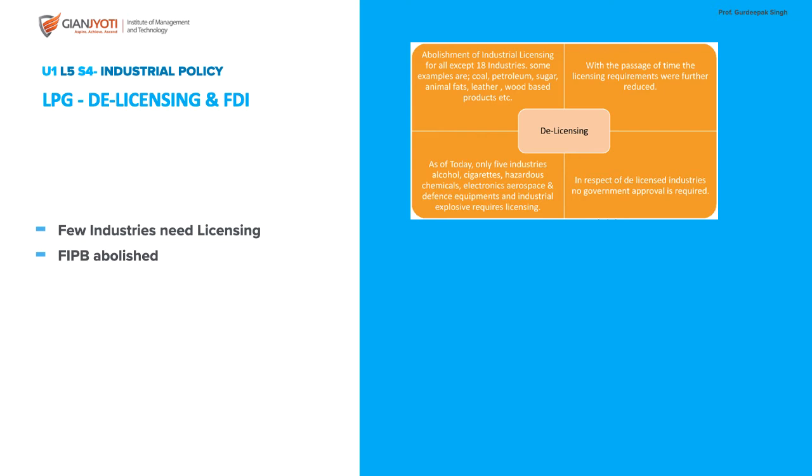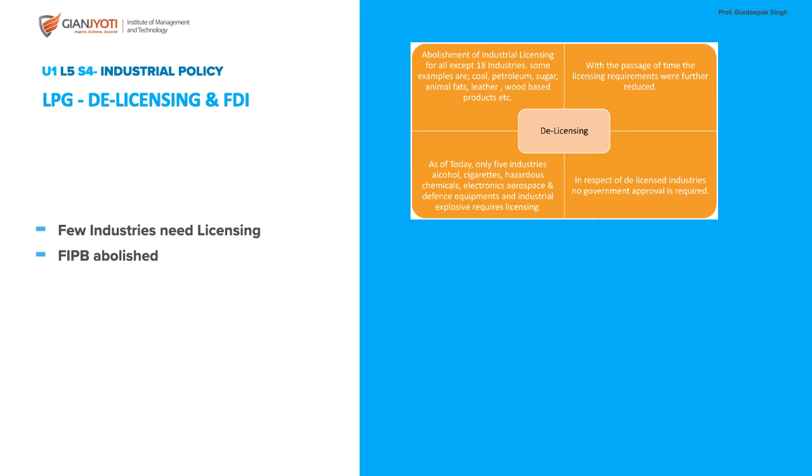You might have seen the movie Guru, which is on Dhirubhai Ambani, and in that, if you want to increase the production, if you want to produce more units, since Dhirubhai Ambani was in textile industry, you have to take permission from the government to increase the quota of production. So if you want to start a new business, you have to go to the government to get a license. So it was licensing time.